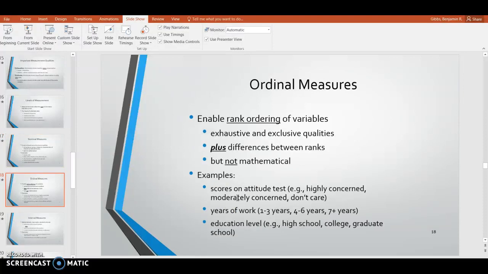So let's move on to ordinal level variables, where the numbers designated do not have a mathematical property to them. However, you can rank order the numbers, such as scores on an attitude test, or let's just say rank or standing at the university. You could be a freshman, a sophomore, a junior, or a senior. Now, you can rank order them as a person further along in their education, and of course, a senior would be ranked number 4, where a person ranked lowest would be ranked number 1.